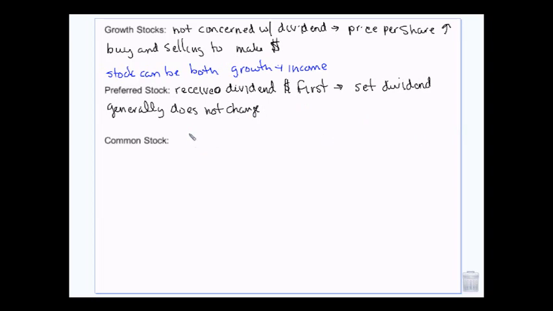So preferred stock, when you buy preferred stock, there's a set interval that you're told, okay, you're going to earn this much per share every this often. So every 6 months, every quarter, every year. Common stock doesn't have those sets. Common stocks, you only get dividends when the board of directors releases them.